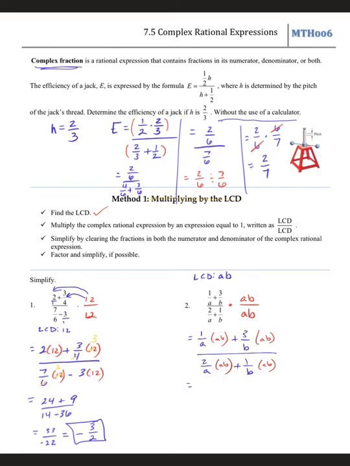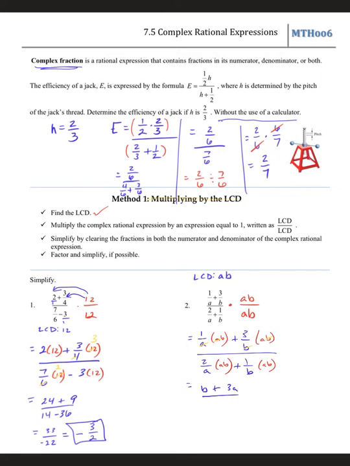So 1 over A times AB. Well, we know that the A's will cancel, so we're left with 1 times B, which is just B. Plus, here we have the B's will cancel. 3 times A is 3A.